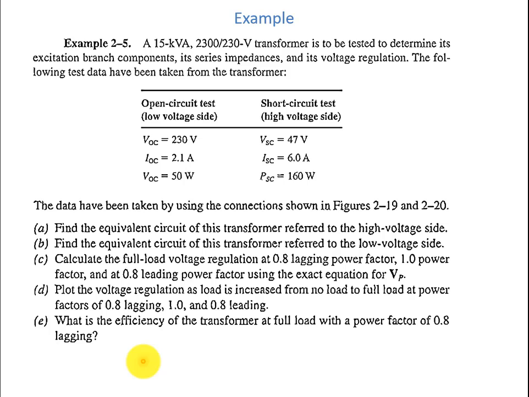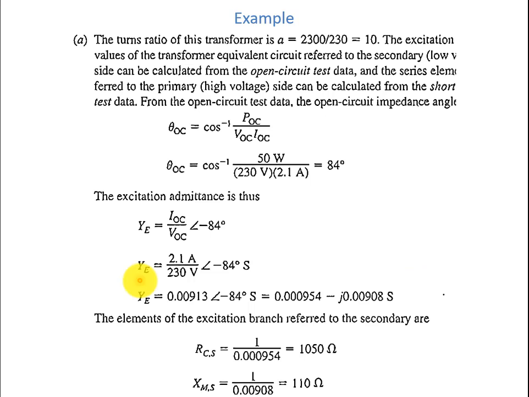So that's quite simple. We have calculated parameters using the open circuit test and short circuit test, and then we can find out the voltage regulation at different power factors. So the turns ratio is given as 2300 by 230, which is 10.